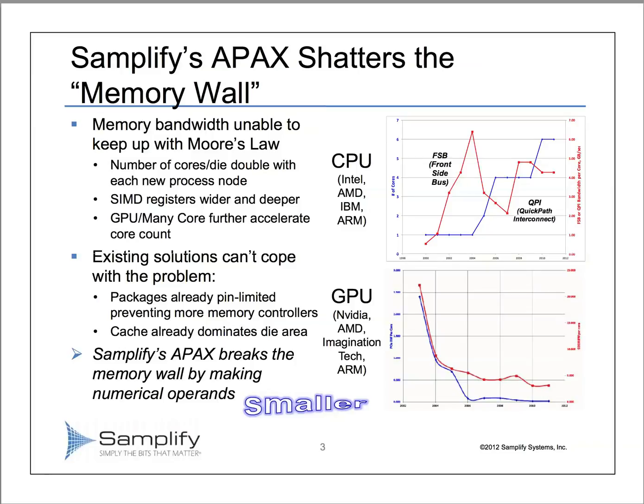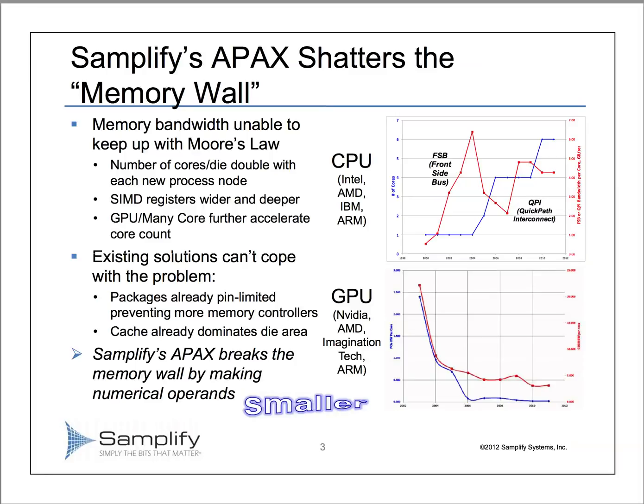What is the memory wall? The memory wall is the gap between the performance you can achieve with Moore's law in doubling the number of cores on a die with each successive process geometry versus the gap that's created from that performance in terms of memory bandwidth, I/O throughput, and storage throughput.